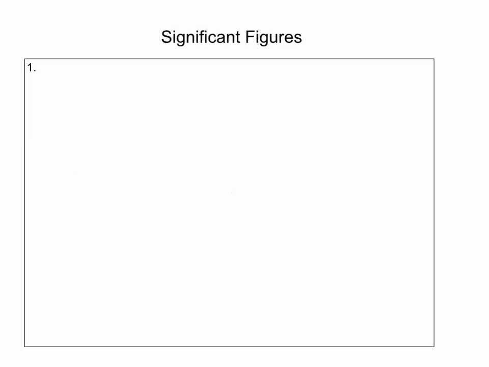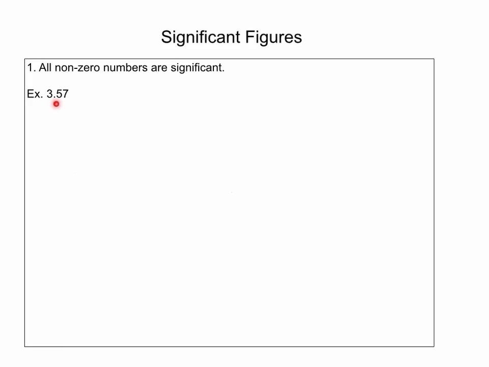So number 1, all non-zero numbers are significant. So let's look at an example. If I have the number 3.57 and I want to figure out how many significant figures this has, well, I follow rule number 1.